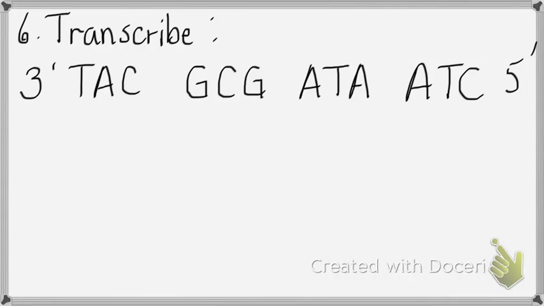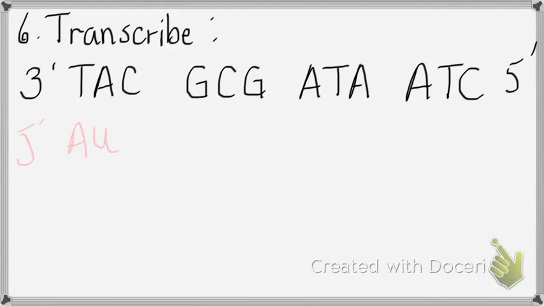Okay, now this next one for number 6. Number 6 says if given a DNA code, be able to transcribe it to messenger RNA. So I went ahead and put a code here for us to practice. What does this word transcribe mean? What are we supposed to do? Make RNA. Okay, so this says a 3', so what would be right here? 5'. Go ahead.